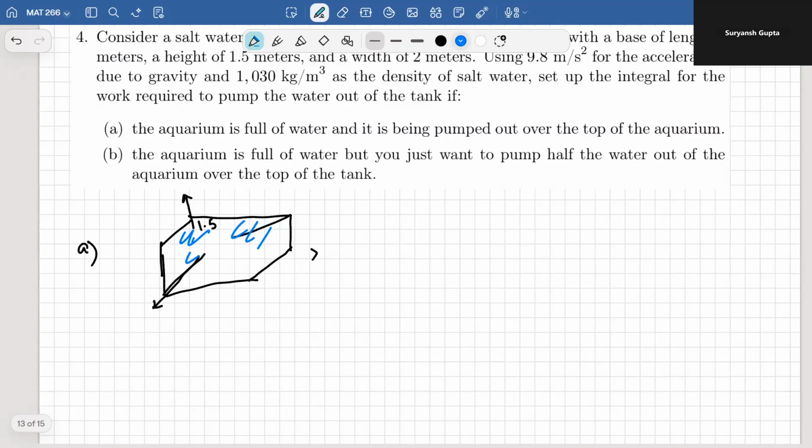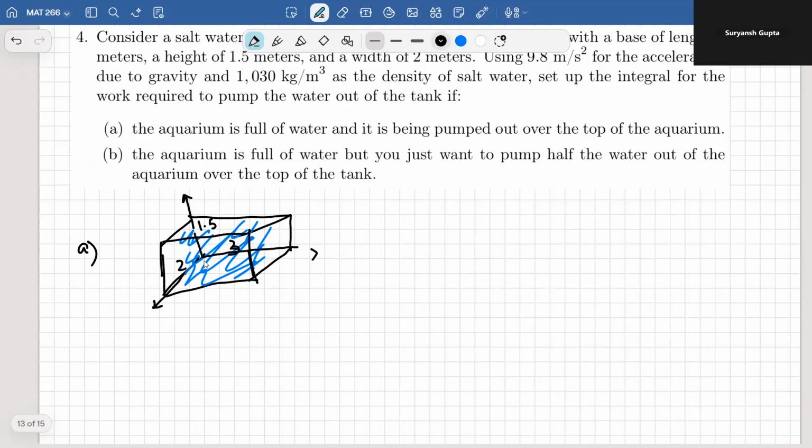I don't know why it's erasing it. I can just redraw that real quick. It's full of water. The bottom was 3, and the width was 2. And it's being pumped out over the top. There's no vertical spout here.